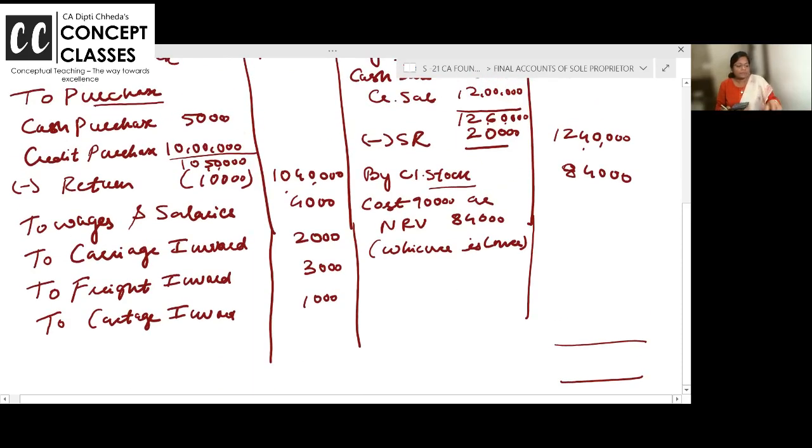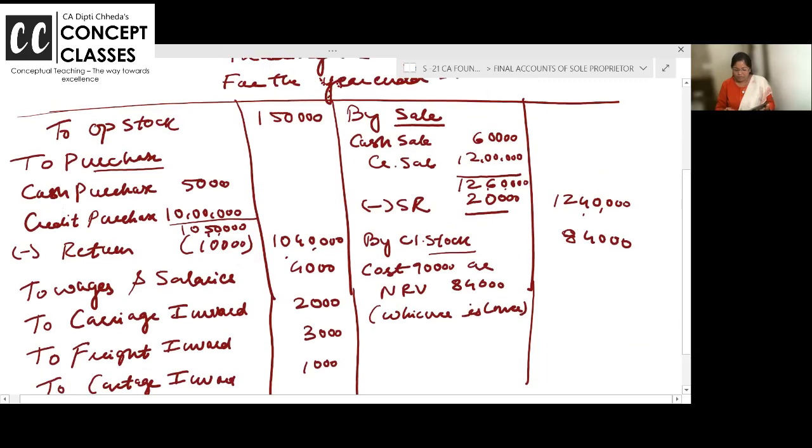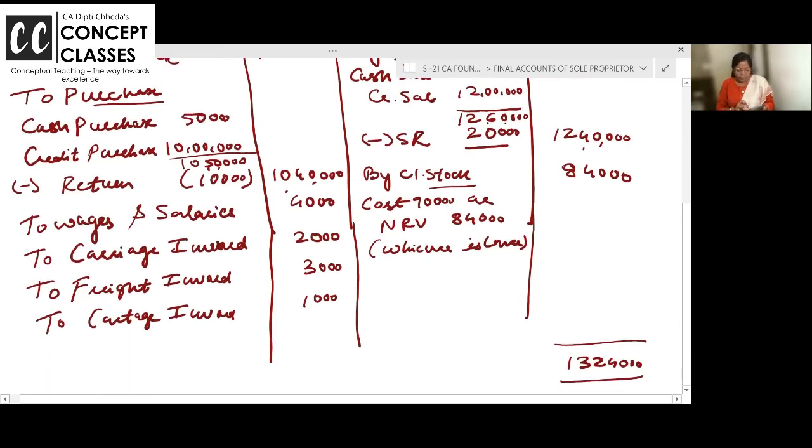Total: 12,40,000 plus 84,000 is 13,24,000, minus the debit side. Have you done this final accounts in your inter-level? If you are all comfortable, it will be very clear, then we can go with good speed.